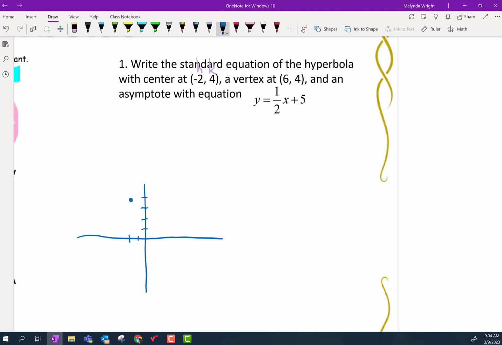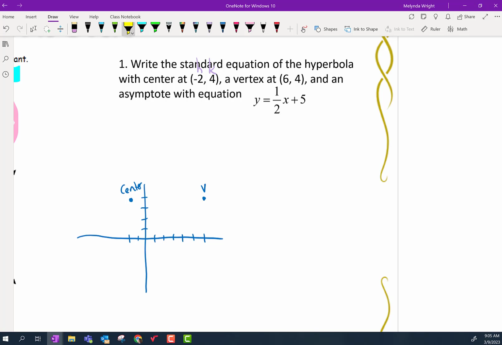So right there is my center. A vertex at 6, 4. 1, 2, 3, 4, 5, 6, 4. This is one of my vertices. Now a vertex is what the hyperbola piece rests on.